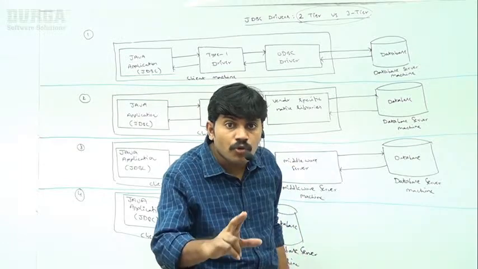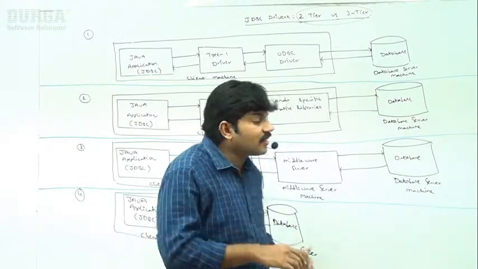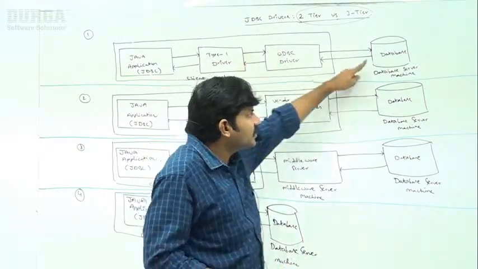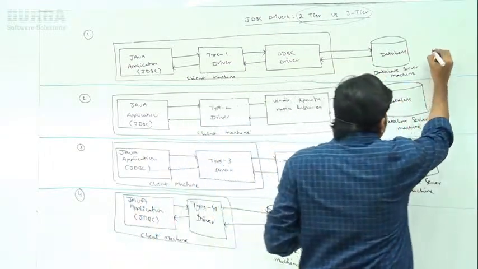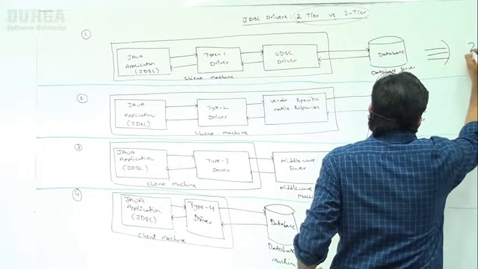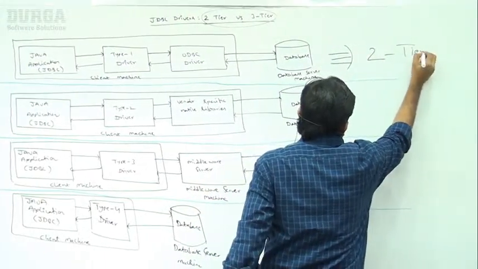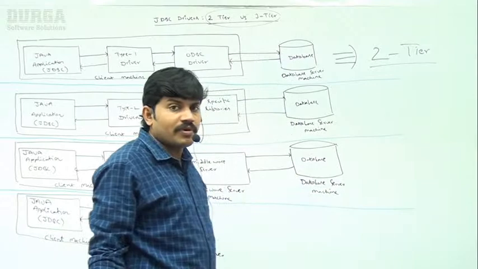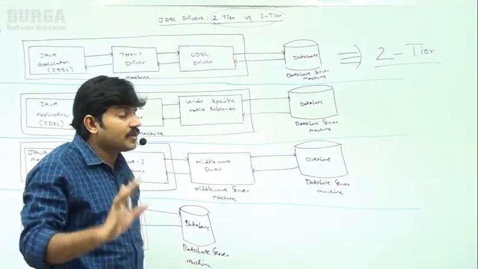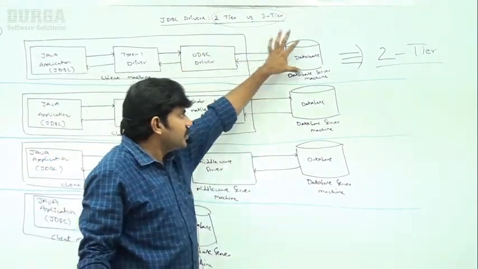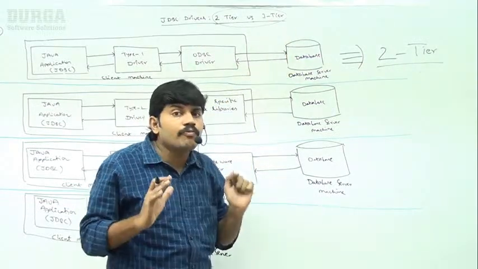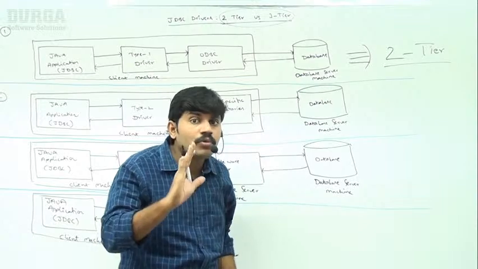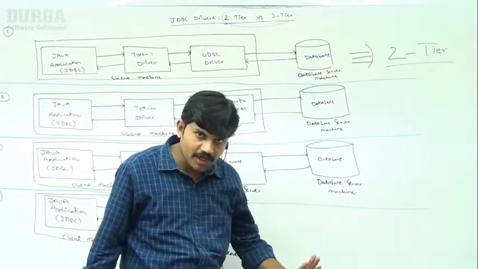That's why, in total, how many tiers are there here? Client machine, and the second one is the database server machine. That's why it follows 2-tier architecture. Remember this one. Type 1 driver follows what? 2-tier architecture. Client tier, database tier. Are you getting that? Client machine, database machine. So type 1 driver follows 2-tier architecture. Clear for all of you, right?